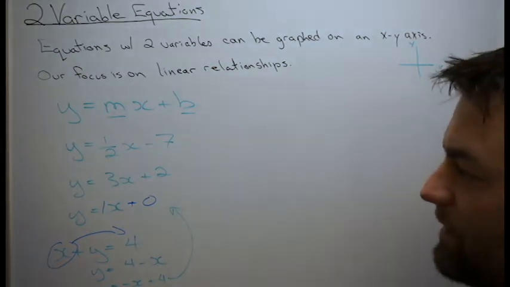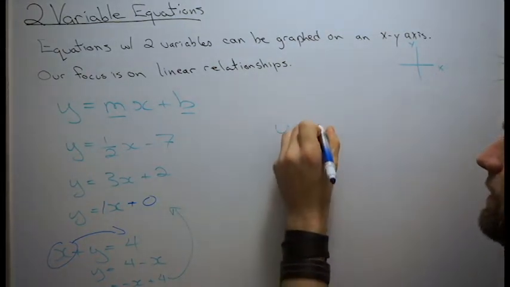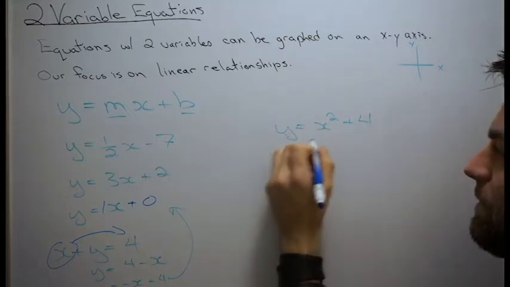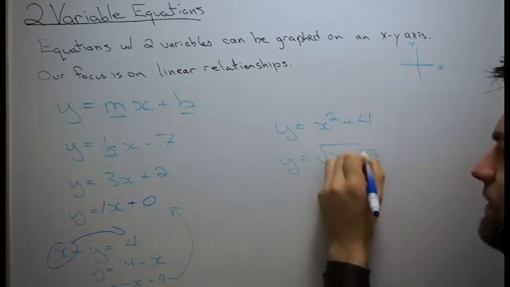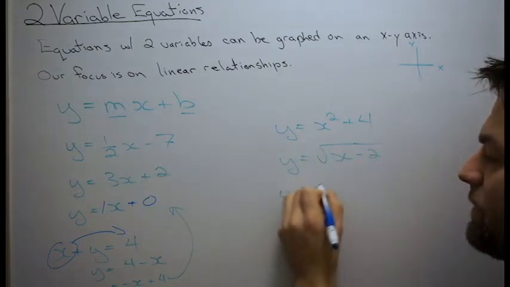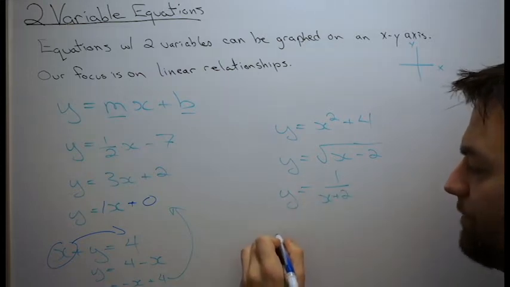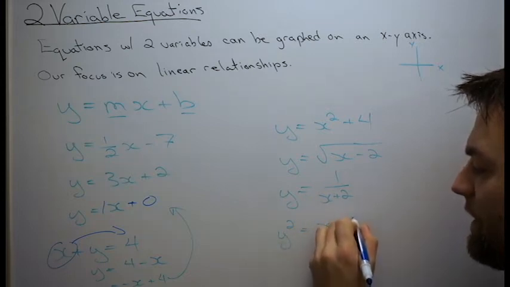Things that would not be considered a linear equation would be things like y equals x squared plus 4. y equals the square root of x minus 2. y equals 1 over x plus 2. y squared equals x minus 1.